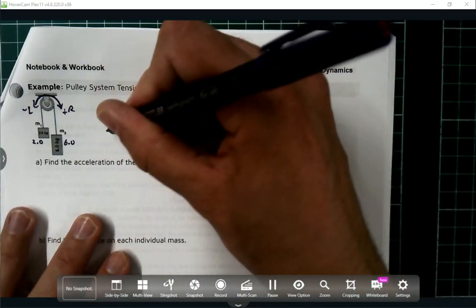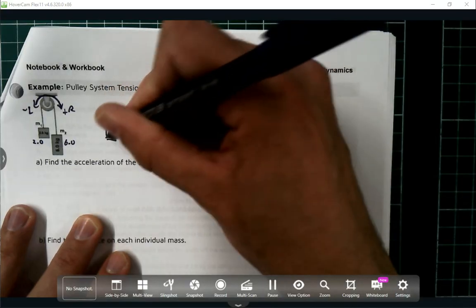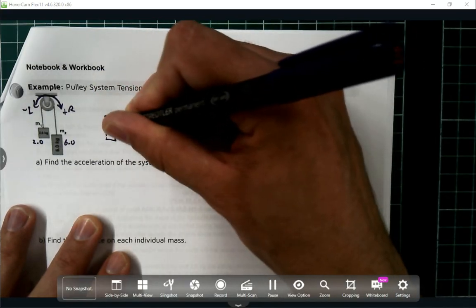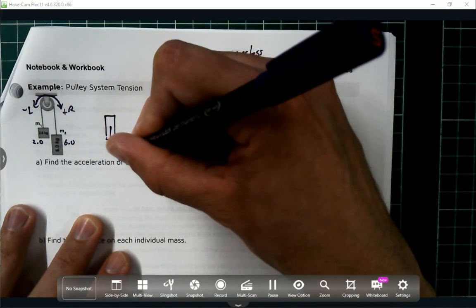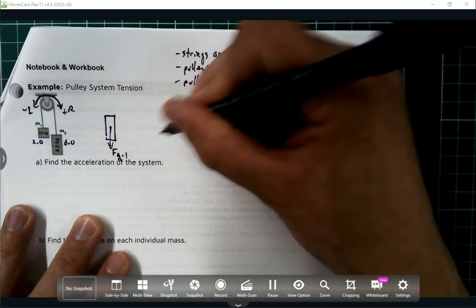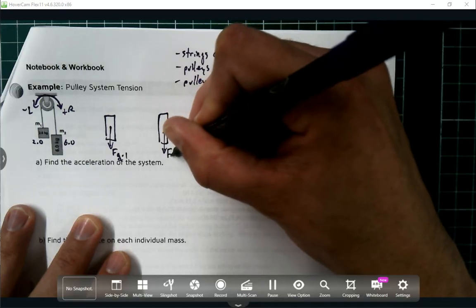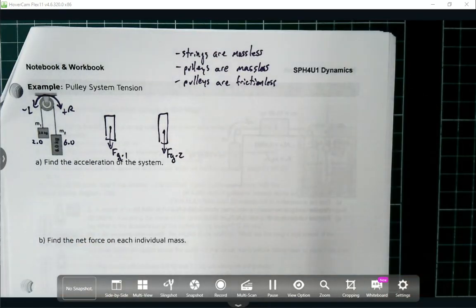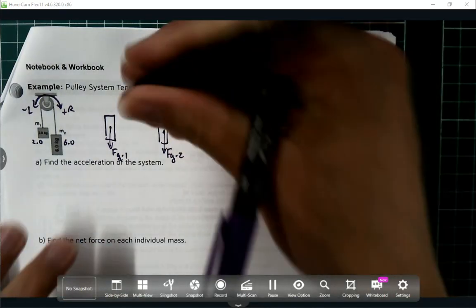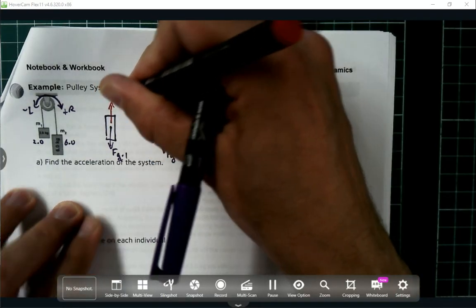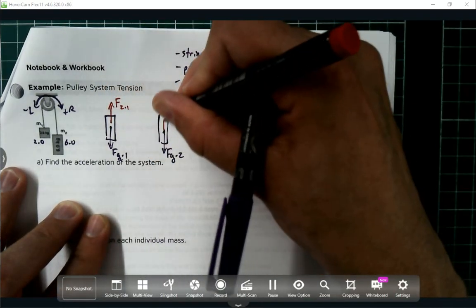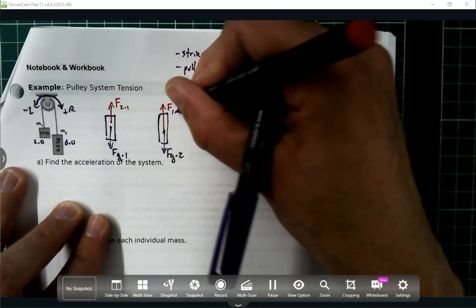And then when we go to draw our free body diagrams, what that means is that we have to make a decision. We've got force of gravity acting down on object 1. We've got force of gravity acting down on object 2. We've got force of tension. So we could say force of 2 acting up on object 1 and force of 1 acting up on object 2.